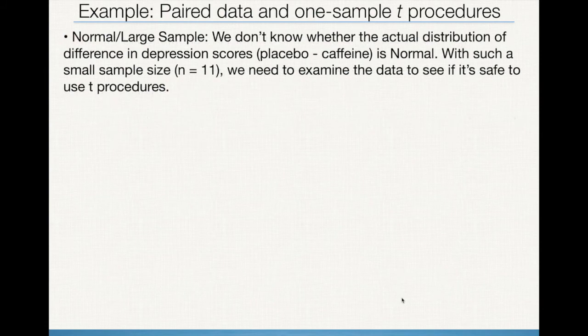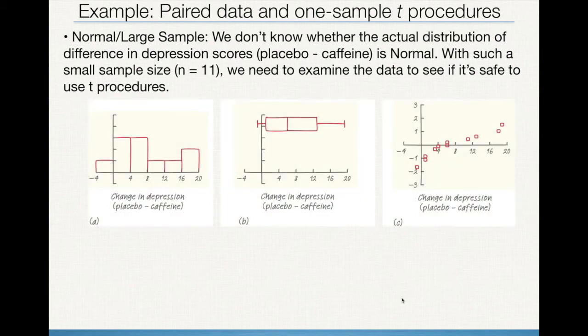Where it gets tricky is when we now deal with this small sample situation. We don't actually know anything about the distribution. And we have a really small sample size, which means for the first time, we are going to have to really work hard to verify our use of a normal distribution in any calculations we make. So I've given you 3 different plots here. The one I would recommend the most to start with would be the box plot in the middle.